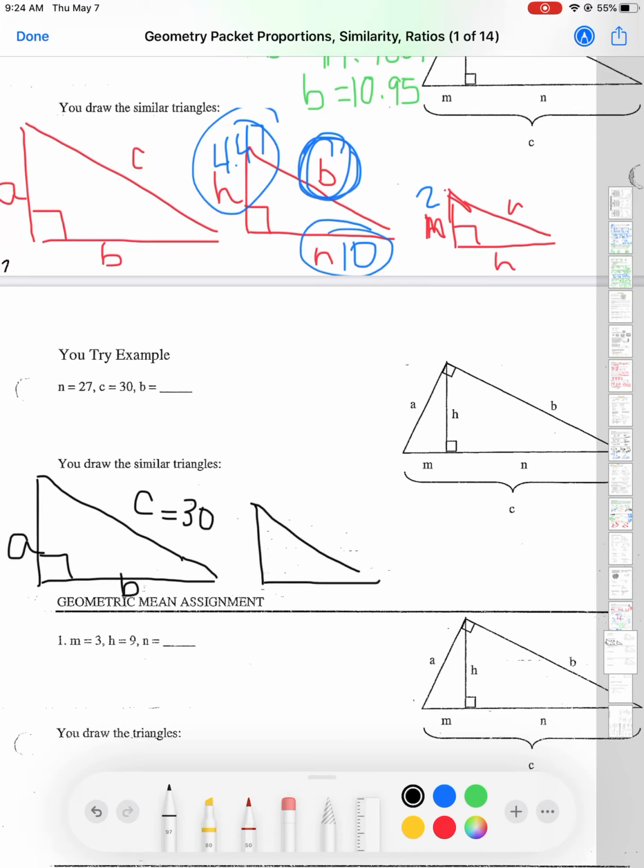In the medium triangle, notice our hypotenuse is B, our small leg is H, and our big leg is N, which is 27. And in our little triangle, we've got our little leg is M, our hypotenuse is A, and our big leg is H.